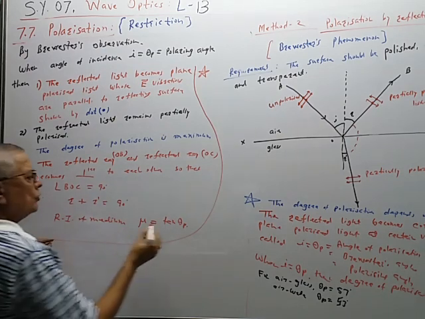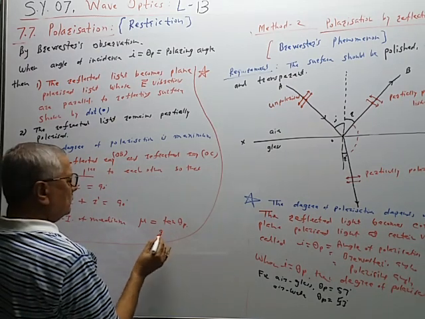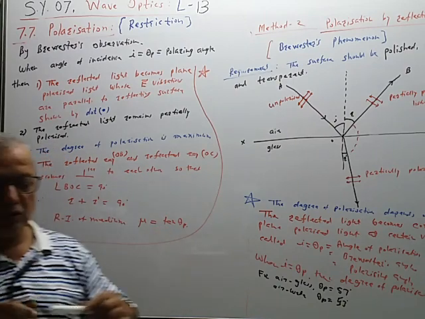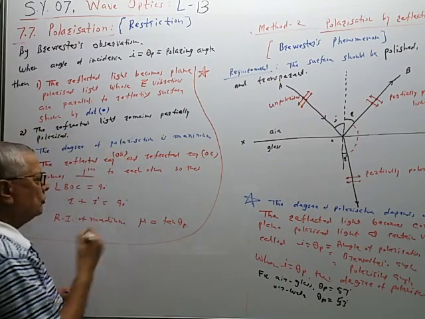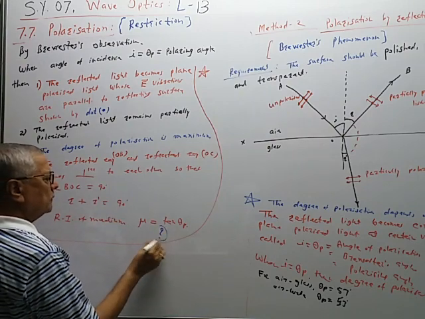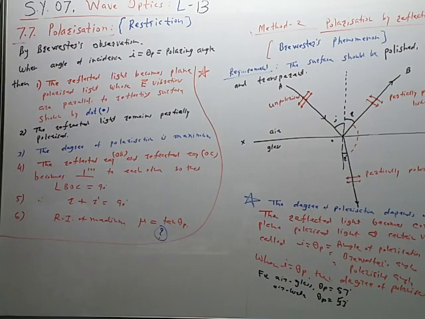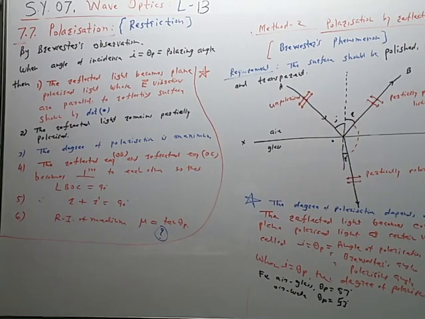So this mu is equal to tan of theta p. We have to prove it. It is nothing but Brewster's law. Mu is equal to tan of theta p. So this is a well-known phenomenon called Brewster's law.